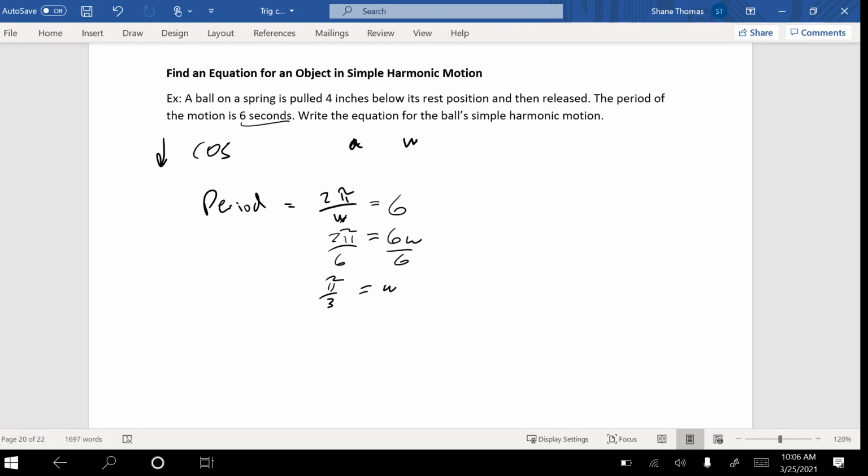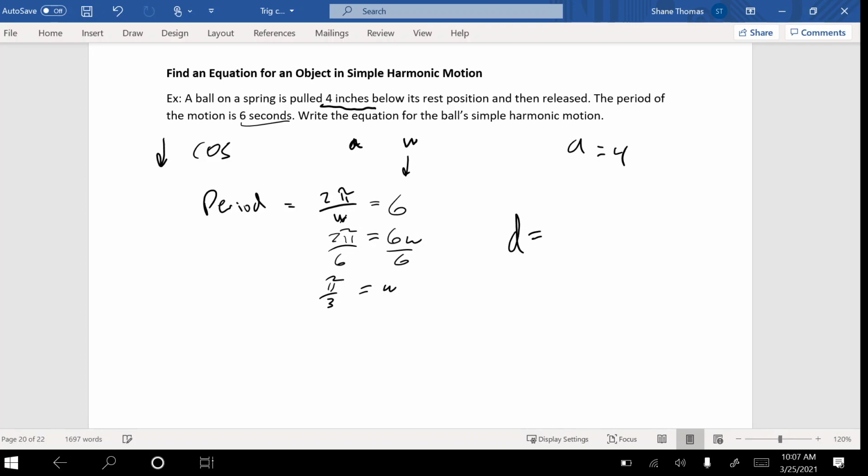With me so far? All right, so that gives me my W. To find A, that's my amplitude. Let's think about this. I took the ball from where it was resting, and I pulled it 4 inches down. So what's my amplitude? 4. It has to be 4. Now I have everything I need.